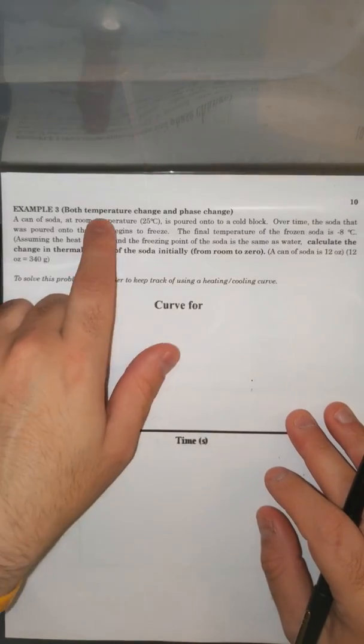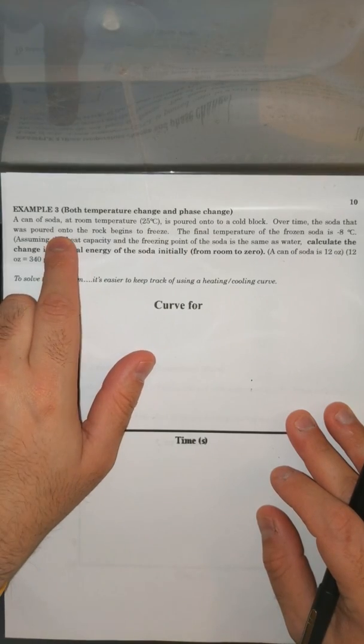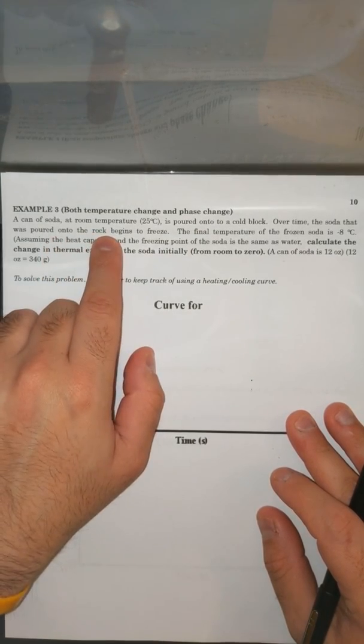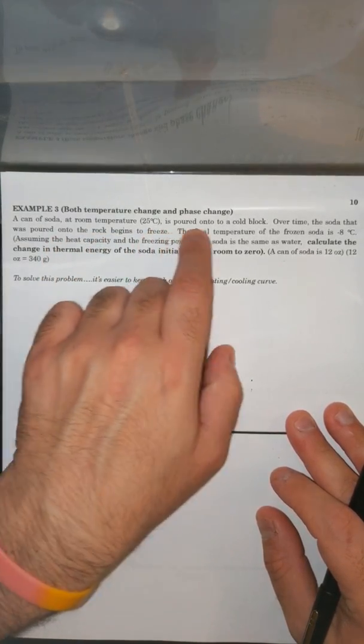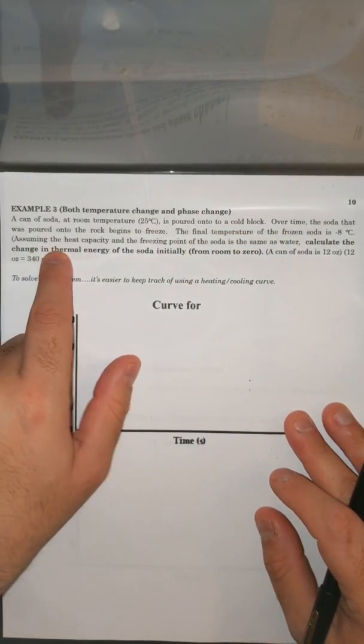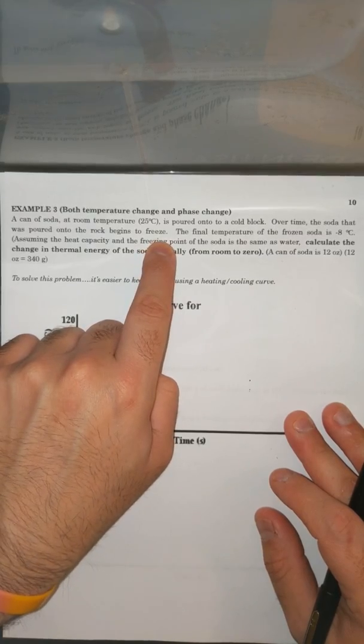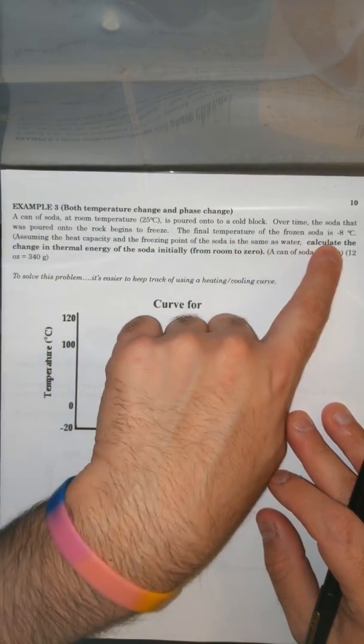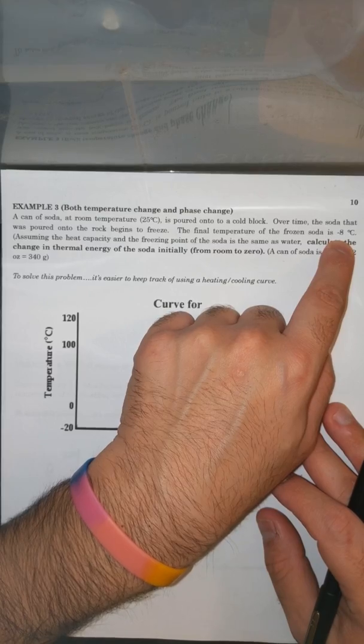So let's do an example where now instead of doing one of each, we have both things occurring, a temperature change and a phase change. It says a can of soda at room temperature, 25 degrees Celsius, is poured onto a cold block. Over time, the soda that was poured onto the rock begins to freeze. The final temperature of the frozen solid is -8 degrees Celsius.